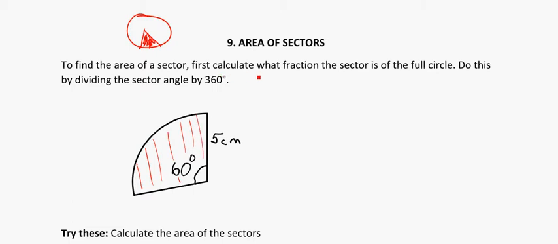So you have to first calculate what fraction the sector is of the full circle. And to do that, you look at the degrees. So 60 degrees here, and just remember that the area of a circle is pi times the radius squared. And if it's only part of a circle, you form the fraction by putting the degrees over 360.